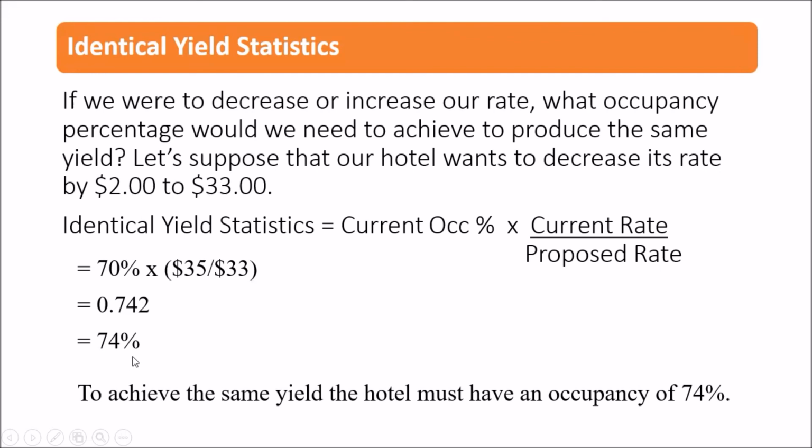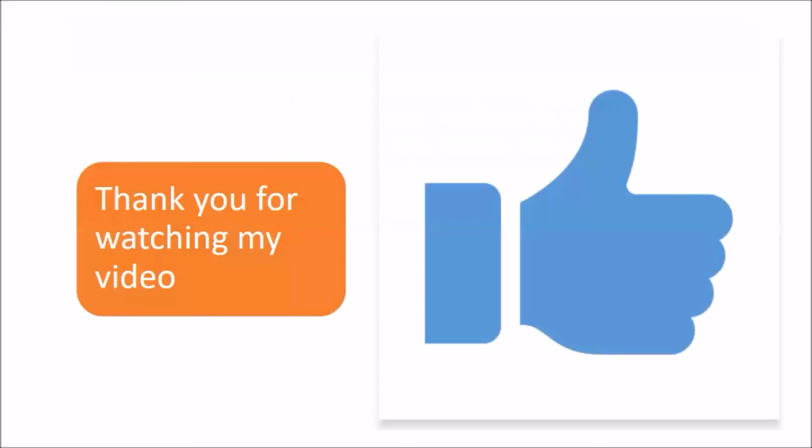To achieve the same yield, the hotel must have an occupancy of 74%. So this is how we calculate the identical yield, having an occupancy of 74% while giving a discount of $2. In this video, we learned to calculate yield and identical yield.